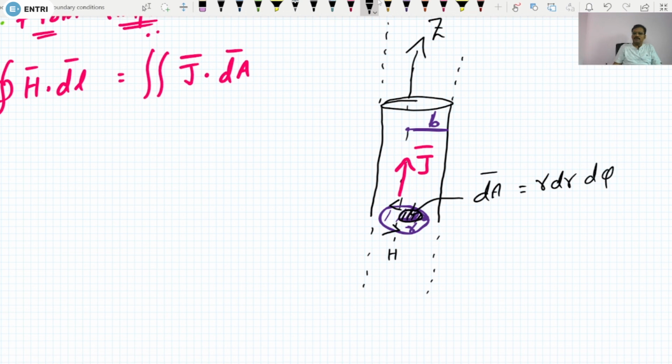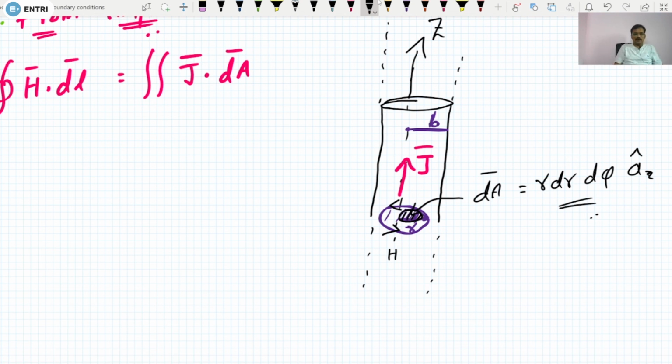So dA bar: if you draw the unit normal to this surface, it points in the az cap direction. So we can write dA bar as r dr d phi az cap. If you are my student, you don't find any difficulty in writing this dA bar. And we know J bar, so this is equivalent to a double integral of J bar, which is J0 r cube pointing in the az cap direction, dot dA bar, which is r dr d phi az cap.